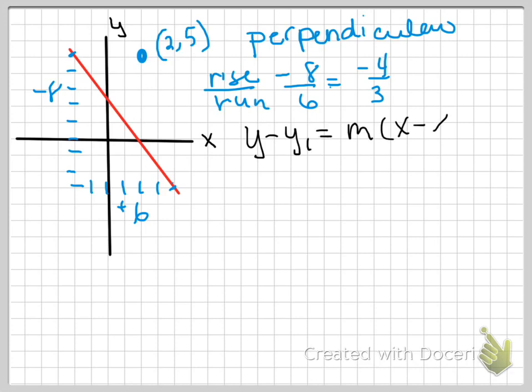We have the slope of negative 4/3. So because we're doing perpendicular, the slopes are opposite and they're the reciprocal. So instead of a negative, now it's a positive. And now my slope's going to be 3/4.